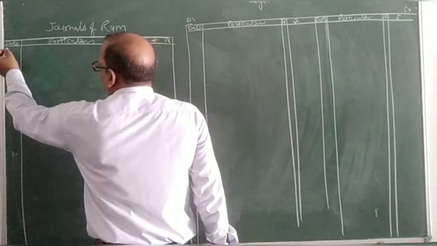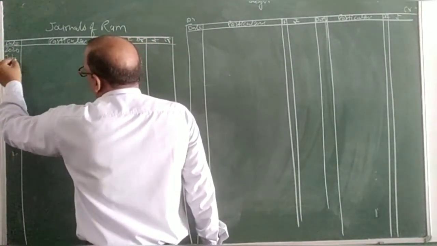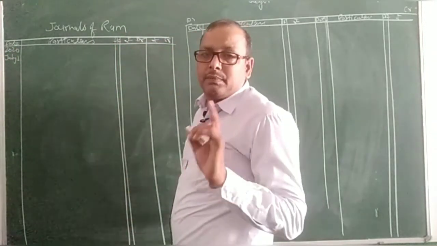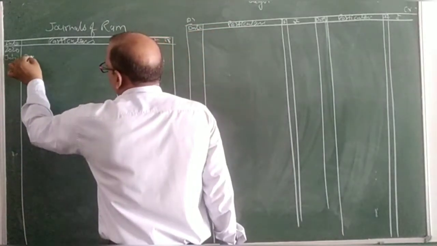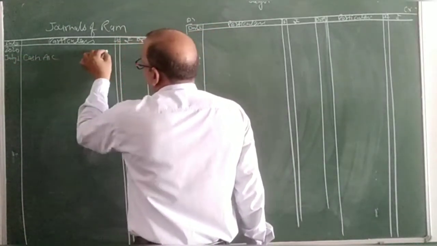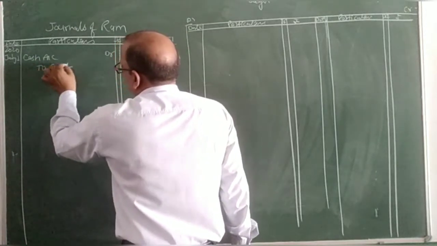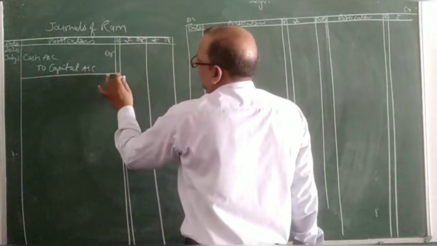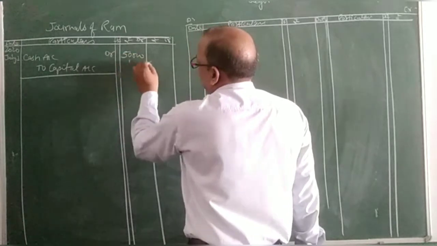Let's see. On July 1st, 2020, the transaction is: started business with cash. Then the entry will be cash account debit to capital account, and the amount is 50,000 for example.